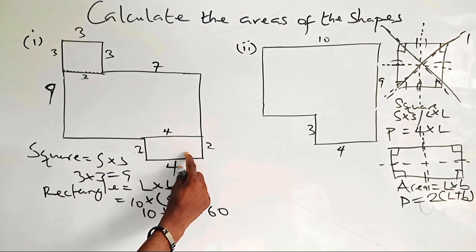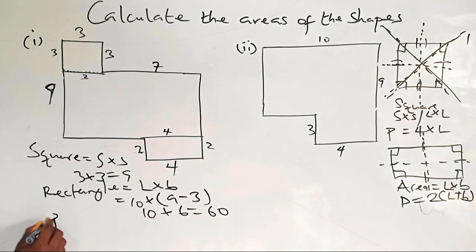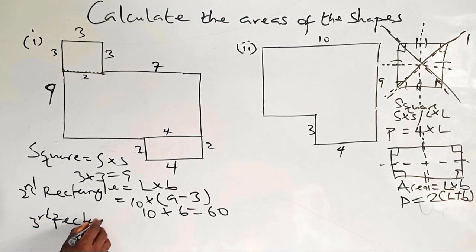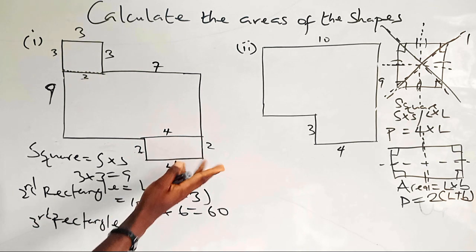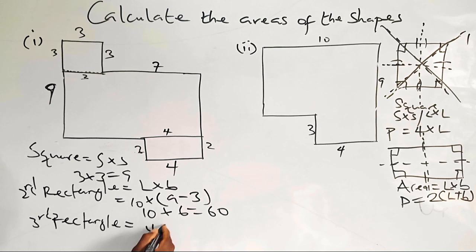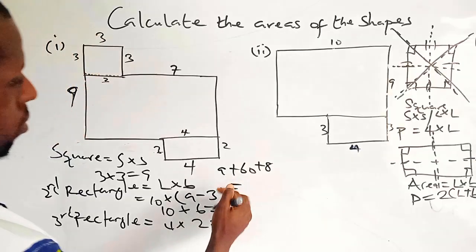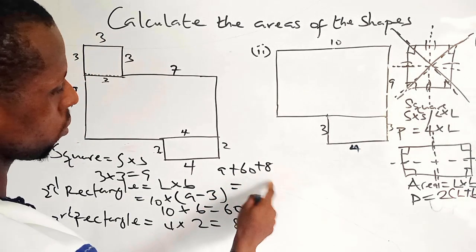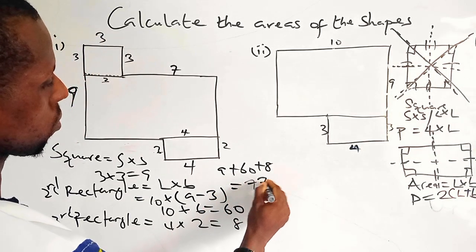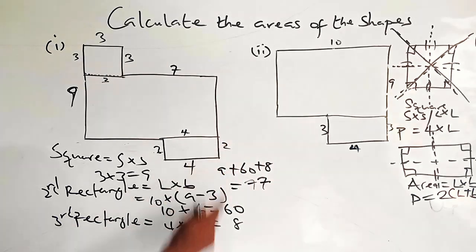For the third rectangle, it is still length times breadth, so 4 times 2 is 8. Adding all three answers, 9 plus 60 is 69, and 69 plus 8, I have 77 for the first one.